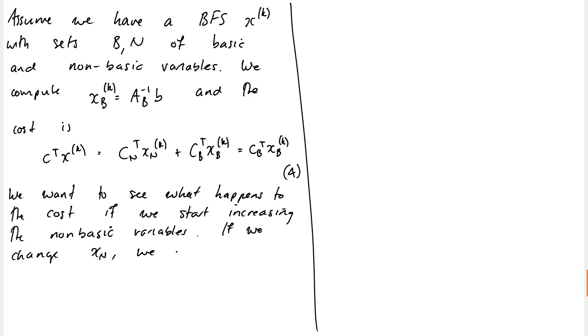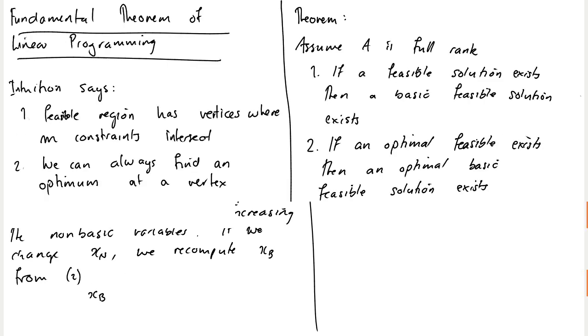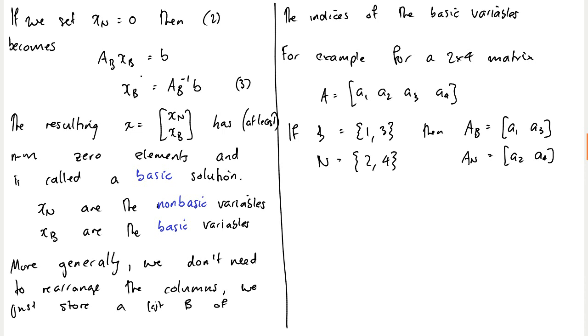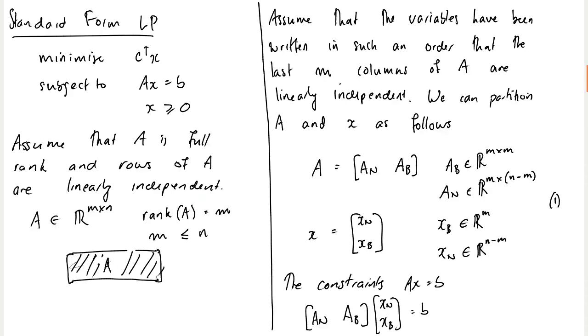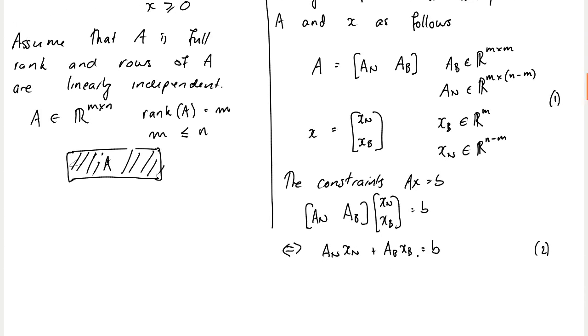we need to recompute xb. And you can do that from equation 2. So you get that xb, so just remember equation 2 was one more further back: An xn plus Ab xb equals b.